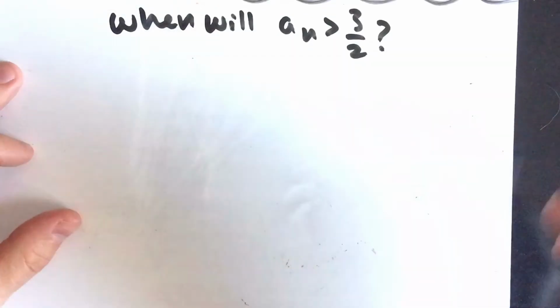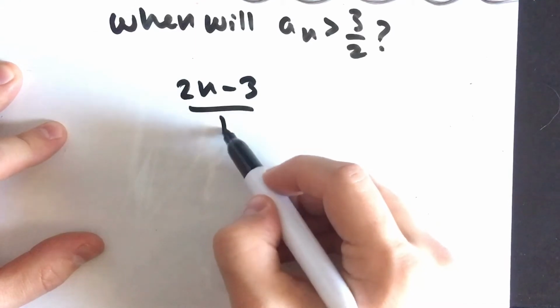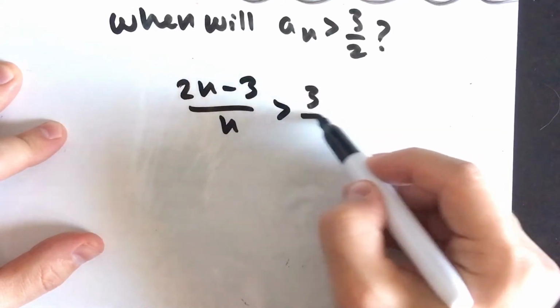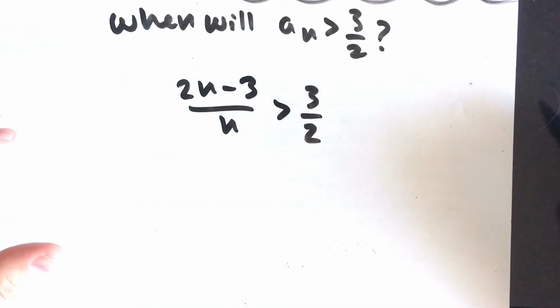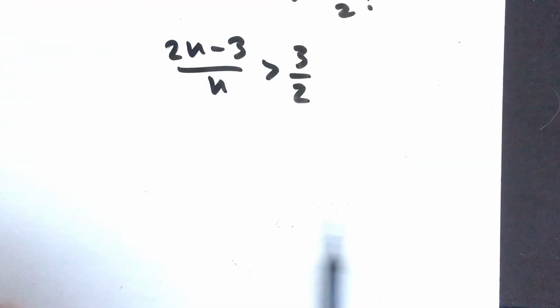Another way to write this is as follows. (2n minus 3) divided by n is greater than 3/2. So the strategy at this point is to try to get the little n on the greater than side.